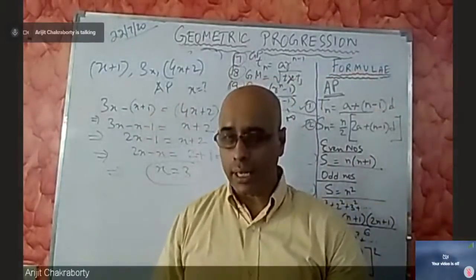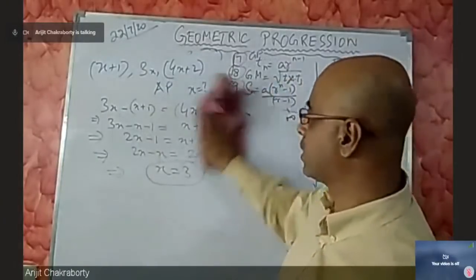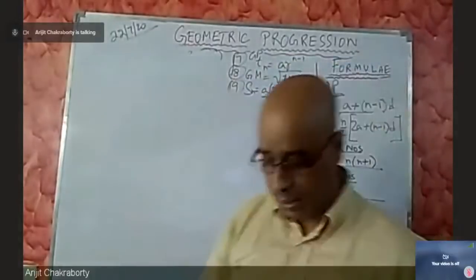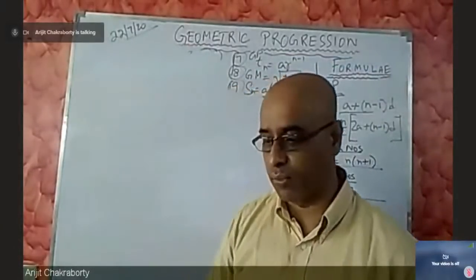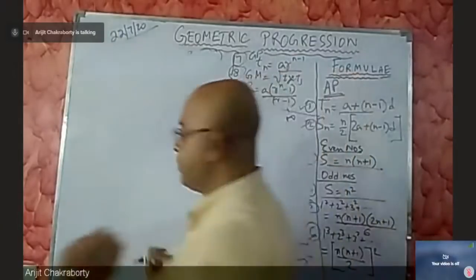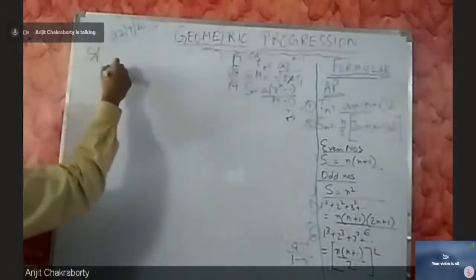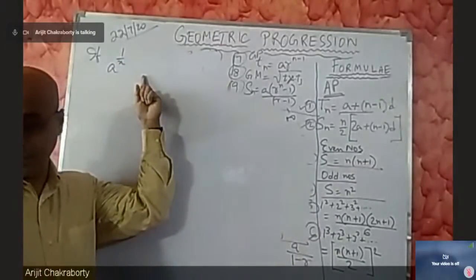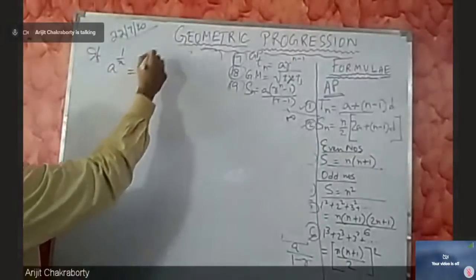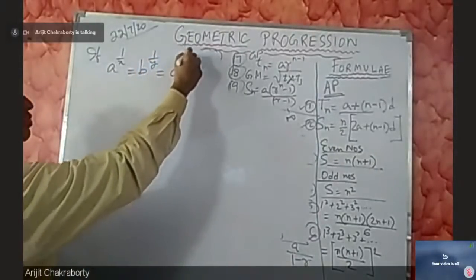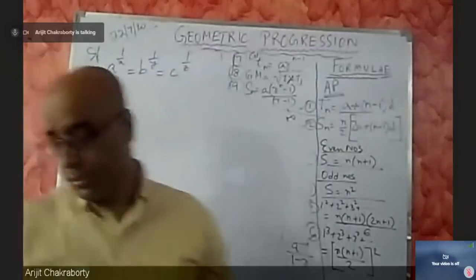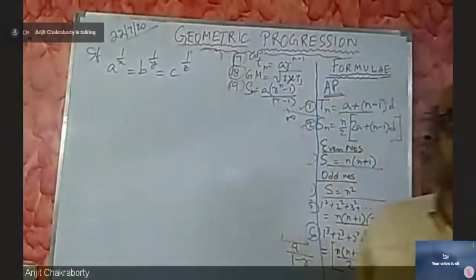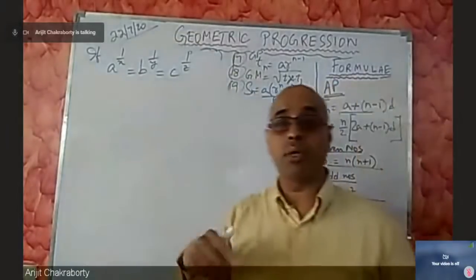Now, I shall take a little bit tricky one. This is the last additional problem on AP GP. And please do with me. This is going to be a very classic one. It is given a to the power 1 by x is equal to b to the power 1 by y is equal to c to the power 1 by z.